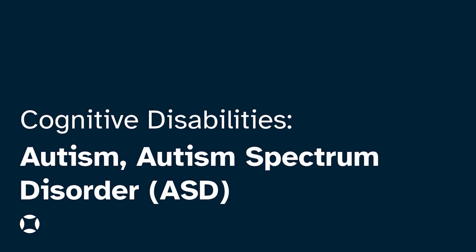Autism, autism spectrum disorder, or ASD, constitutes a diverse group of conditions related to the development of the brain in approximately 1% of people. The abilities and needs of autistic people vary and can evolve. While some people with autism can live independently, others have severe disabilities and require lifelong care and support.